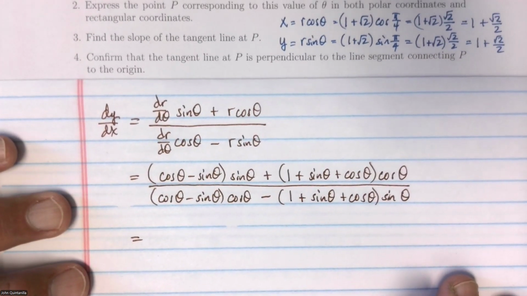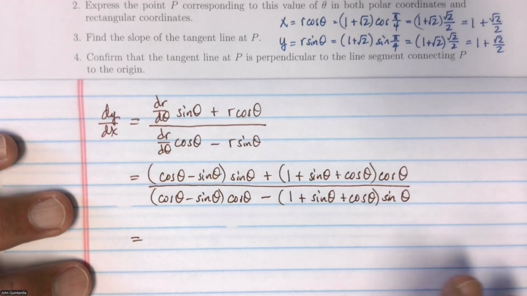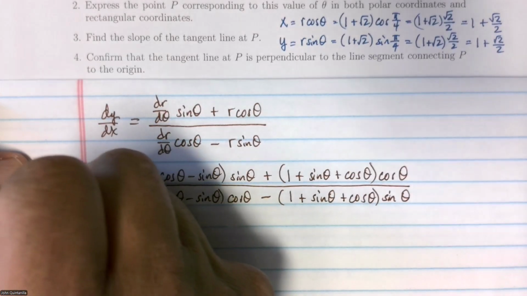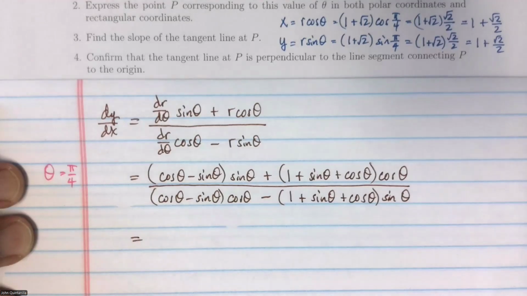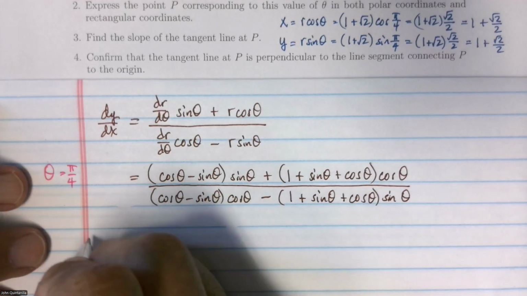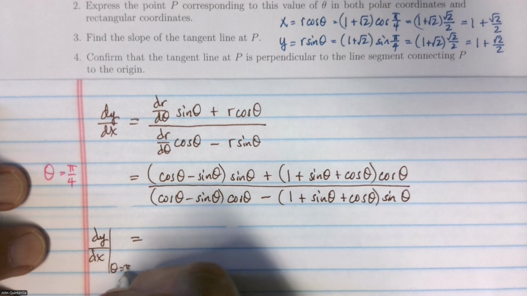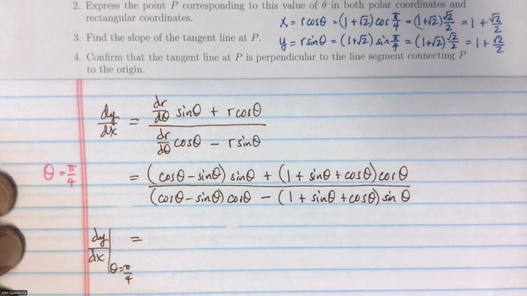minus r, 1 plus sine θ plus cosine θ, times sine θ. Now I need to plug in π/4. The maximum occurred when θ was equal to π/4, so I plug in π/4 to figure out the equation of the tangent line when r is maximized.